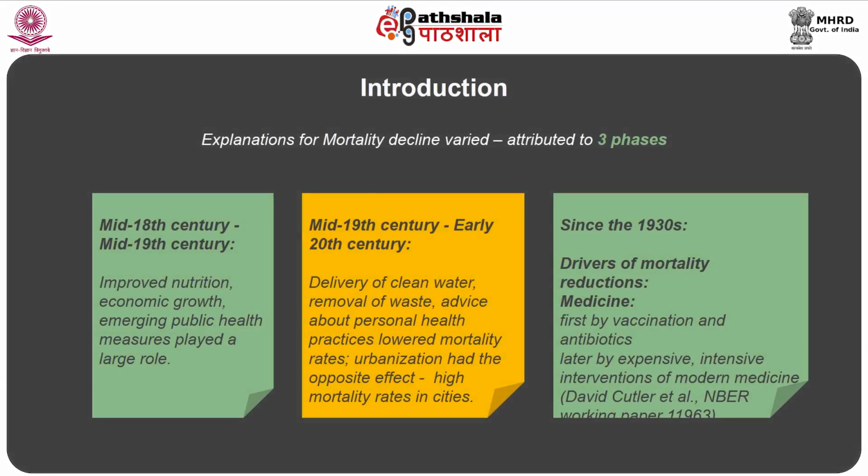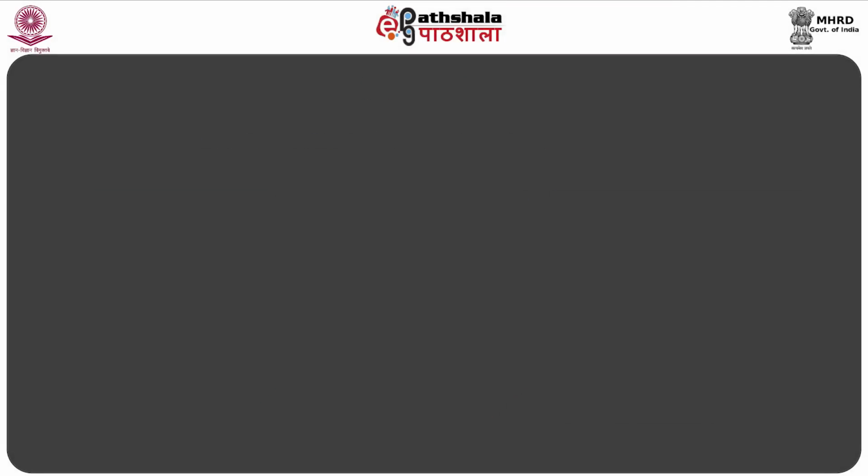From the mid-19th century to the early 20th century, the delivery of clean water, removal of waste and advice on personal health practices all led to reducing mortality rates, and urbanization had an opposite effect, due to high mortality rates noticed in various cities.